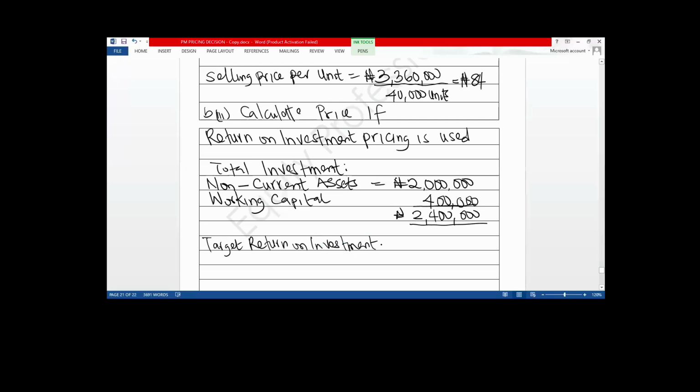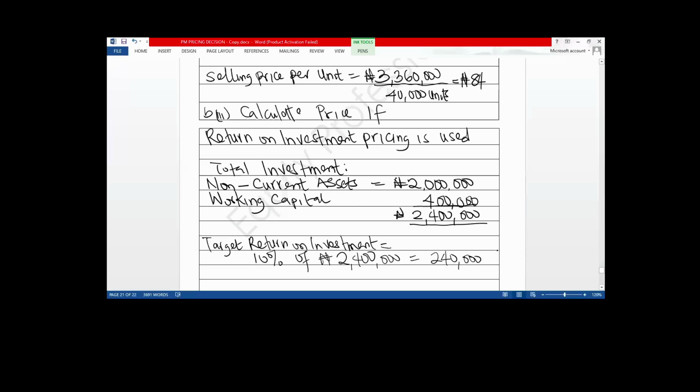So it's equal to 10% of 2.4 million, which is 240,000. This is the target return.